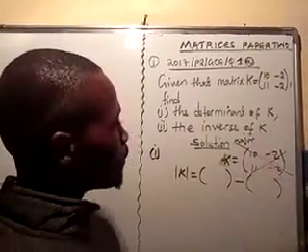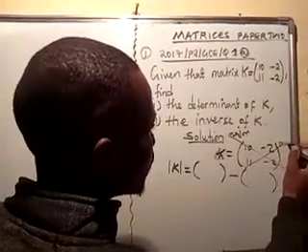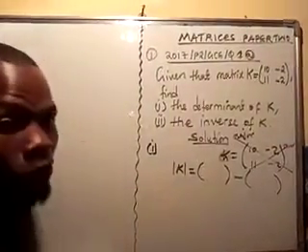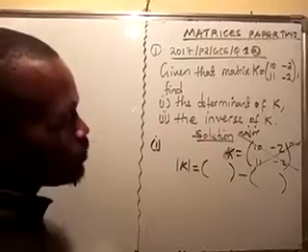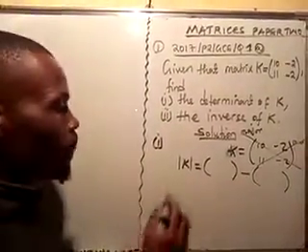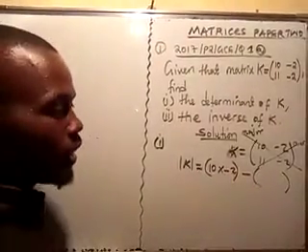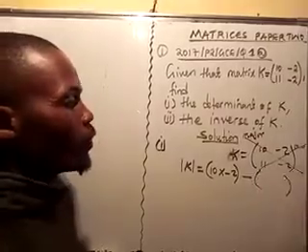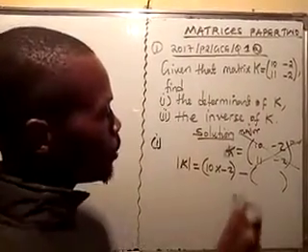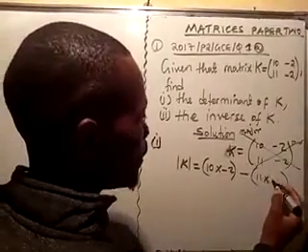In the major diagonal, if you look at the given matrix, we have the number 10 and negative 2. You multiply the 2. Minus, in the minor diagonal, we have 11 and negative 2. So you say 11 multiplied by negative 2.